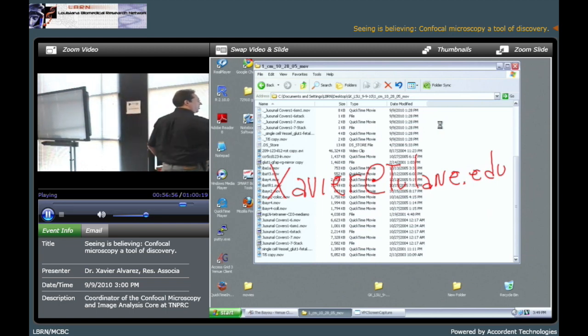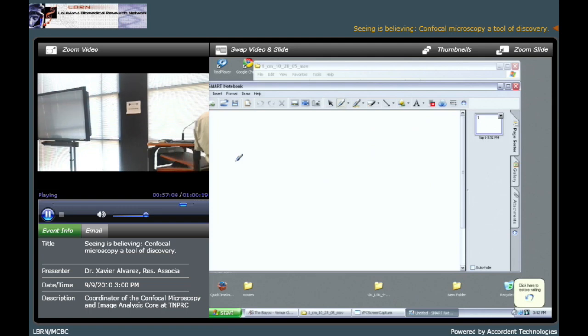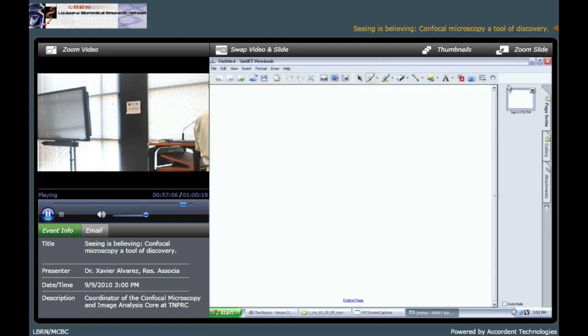Let me just write it. I saw a fluorescence spectrum of the Alexa dyes, but I'm not sure what the x-axis is.